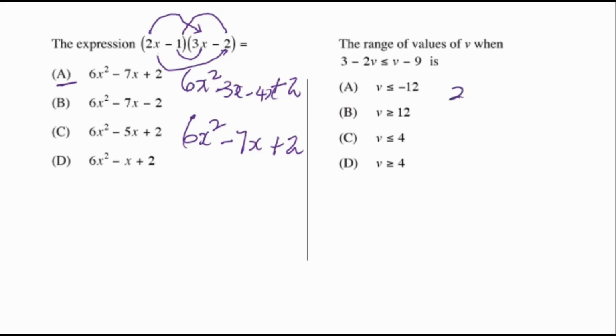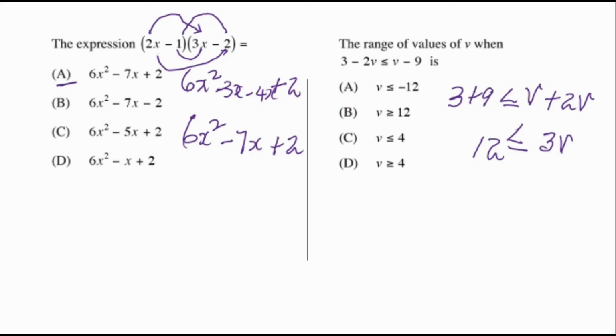We get 3, we take over 9, it becomes positive 9, less than or equal to V there, so we rewrite the V, and we take the negative 2V across, so it becomes plus 2V. To simplify, we get 12 here on the left hand side, and we get 3V on the right hand side.